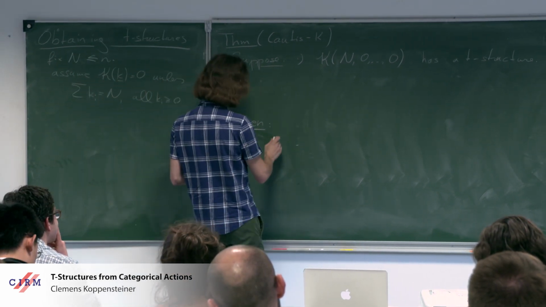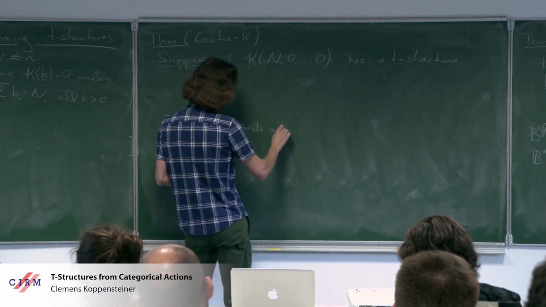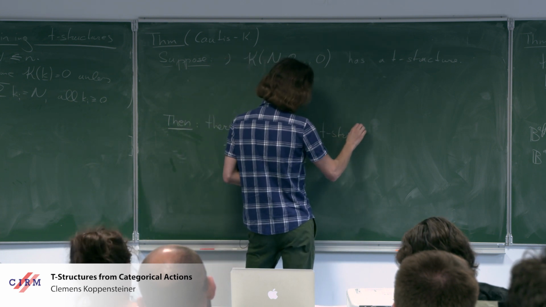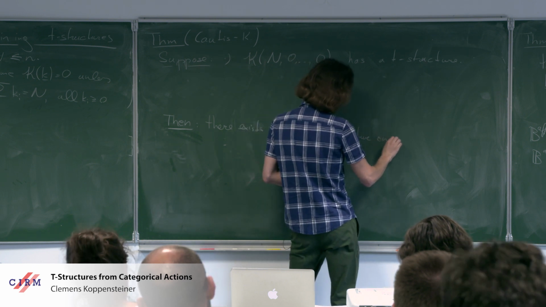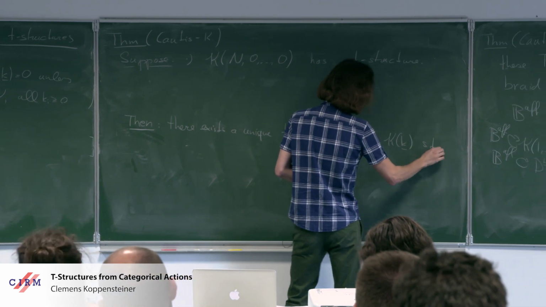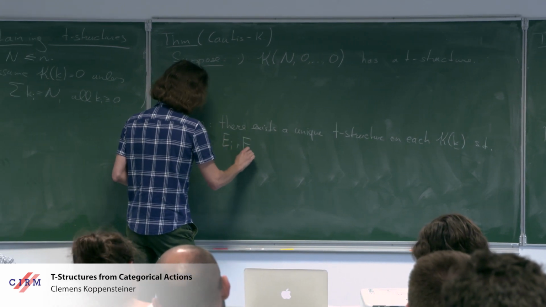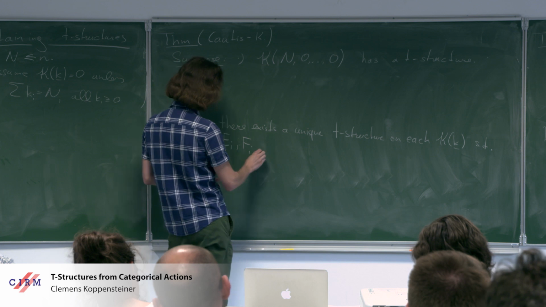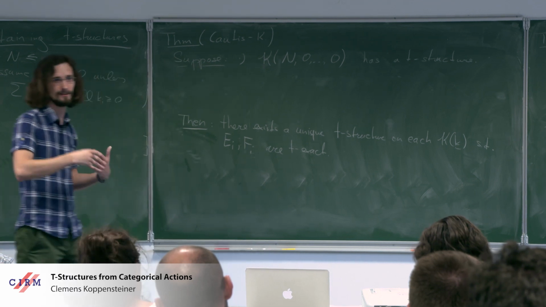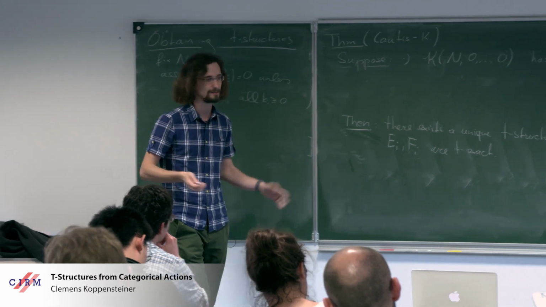So the conclusion should be there exists a unique T structure on all the other guys, on all the KK, such that all the functors EI and Fi, including E0 and F0, are T exact. Yeah, so that's a very reasonable condition. These are the only functors we really have to play with. We want them to be exact.